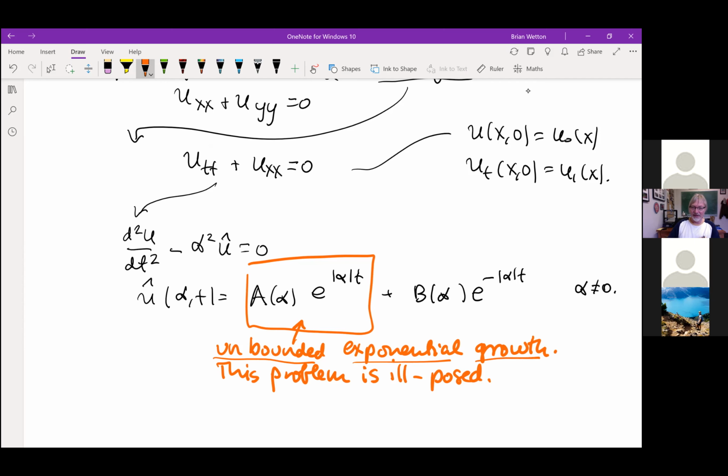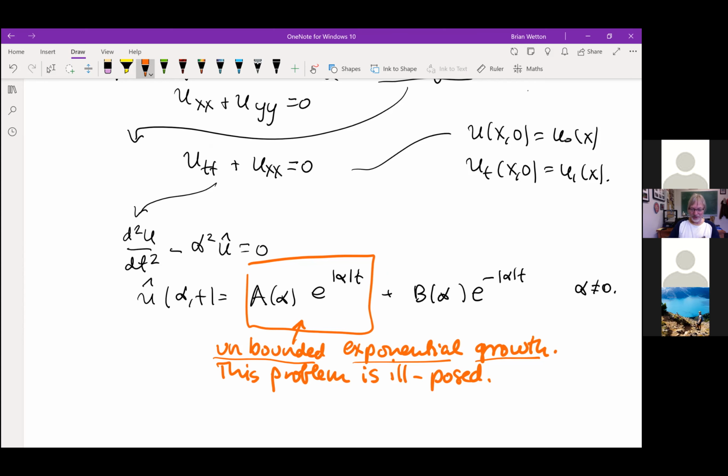Because what this is saying is you can make an arbitrarily large change in the solution with an arbitrarily small change in the initial conditions or the data, right? And that's not a well-posed problem. That's not a problem that you can say, okay, I have the solution and I trust this solution will behave something like this in real life, because you can't control infinitesimal changes in the data that you give a real system.